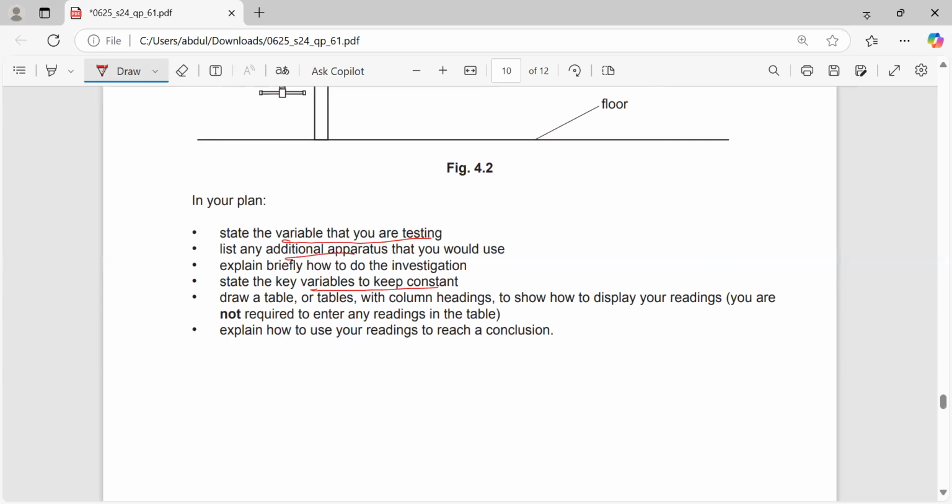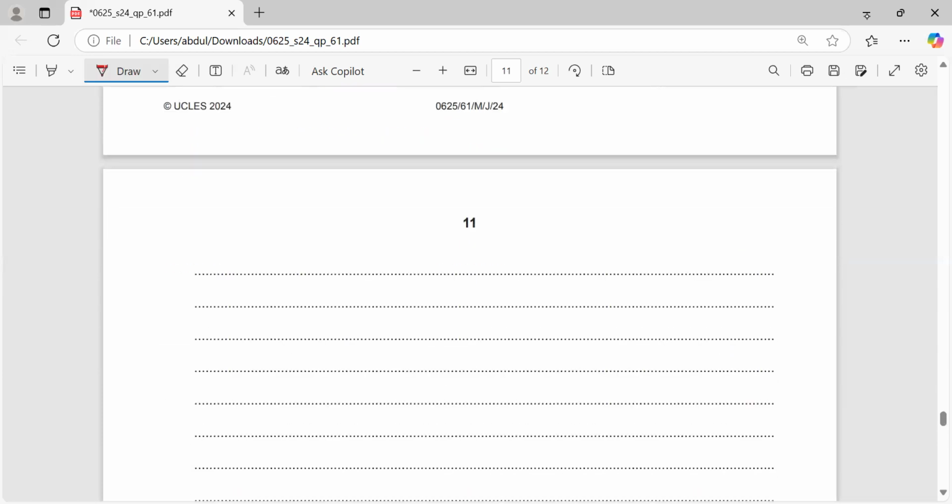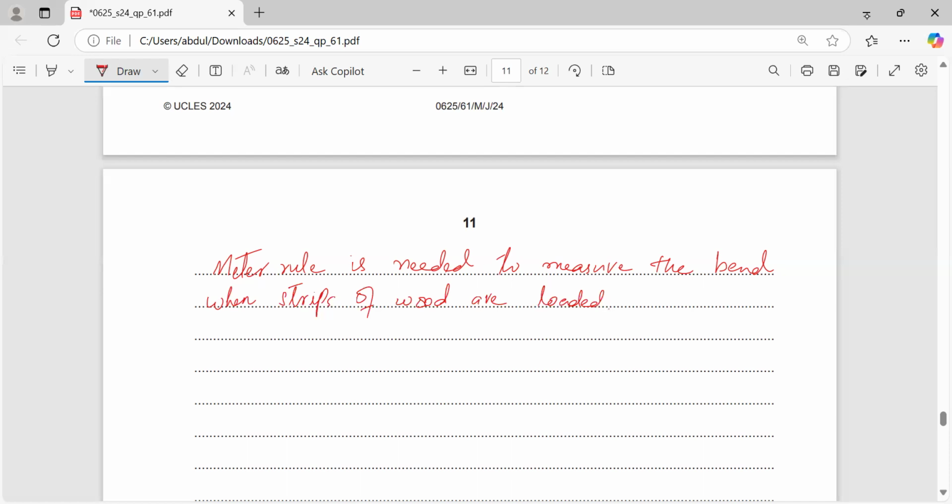Now, my dear, I will be writing that a meter rule is needed to measure the bend when strips of wood are loaded.